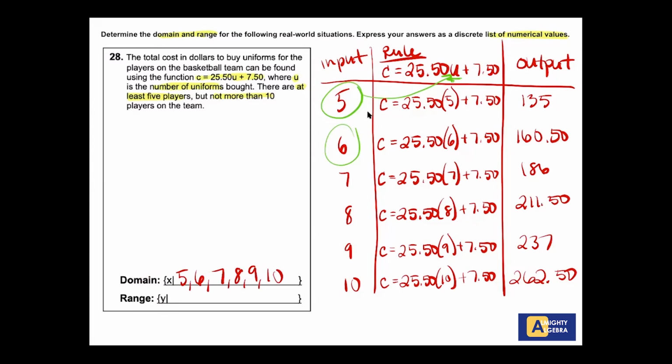The range is going to be our outputs: 135, 160.50, 186, 211.50, 237, 262.50. Just list out all those outputs, and that is the answer for your range. That's it for this problem.